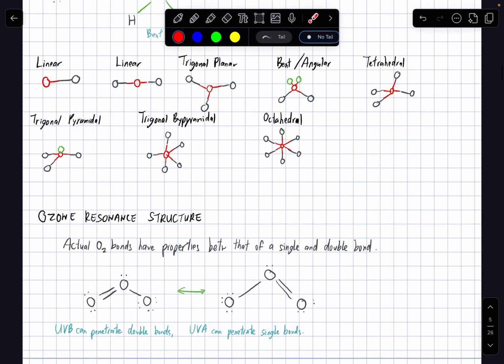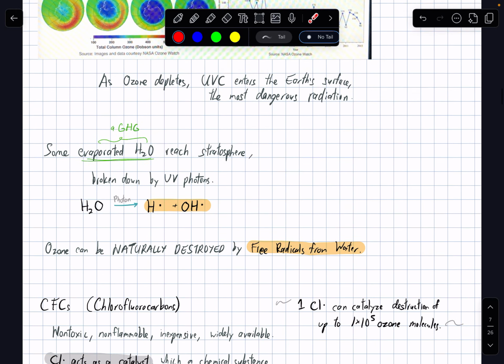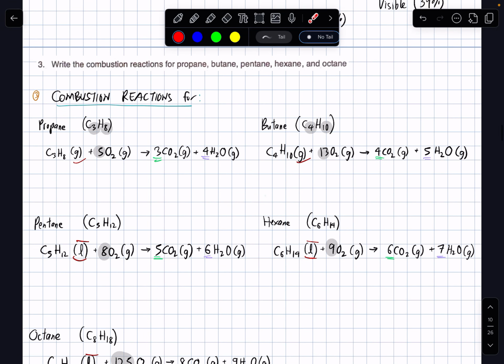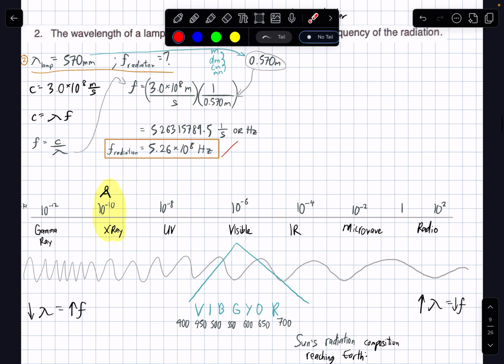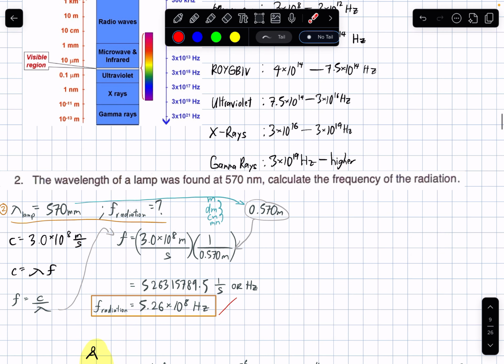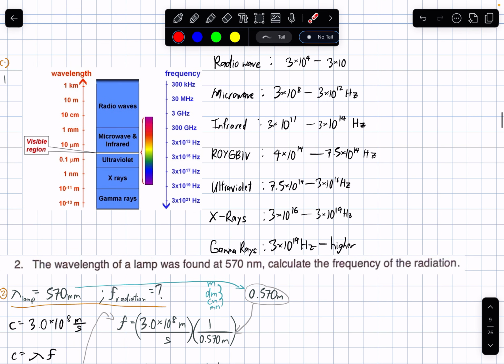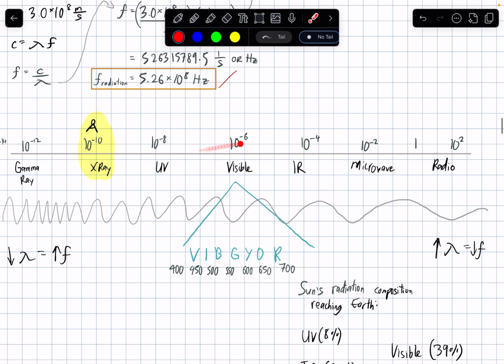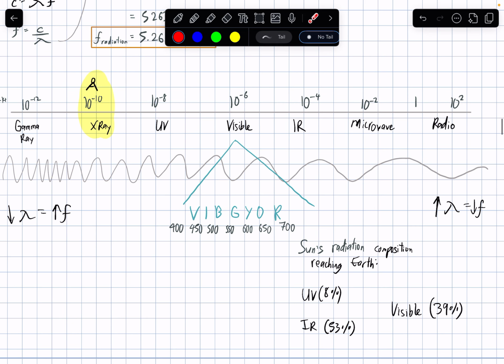Let's go first to the electromagnetic spectrum. This is pretty outdated. Let me just show you this part. It's easier to memorize using this illustration. It basically shows the same idea.